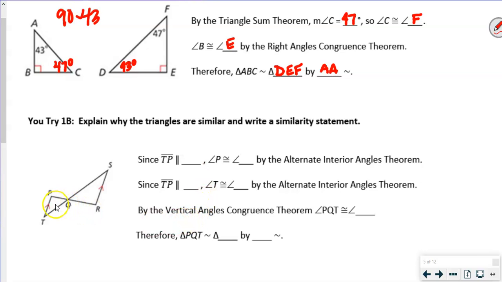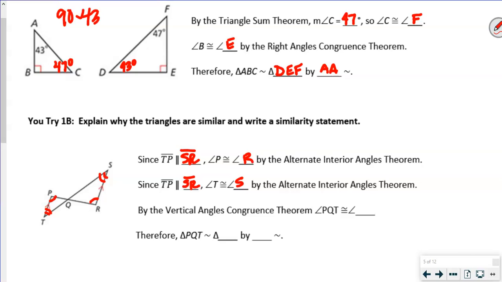So TP is congruent with what? SR, or RS. And angle P is an alternate interior angle to angle R, isn't it? Because both of them have the transversal PR. And also, TP is parallel with SR, so we can say that T is congruent with S, again by the alternate interior angles theorem.